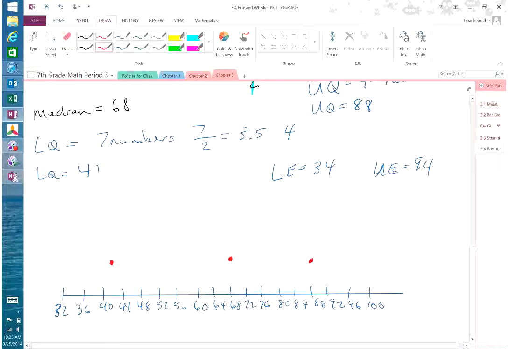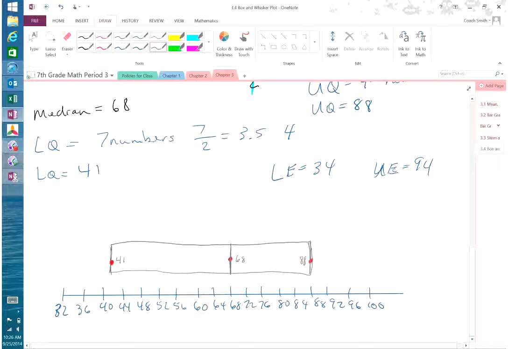Now, I'm going to draw a box around the outer points, like so. Okay, and I'm going to draw a line through my median, my middle point. Now I'm going to label those points. 41, 68, 88.